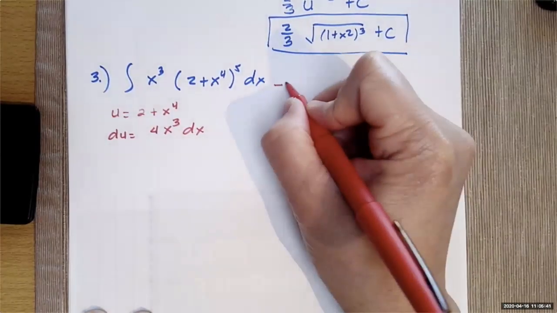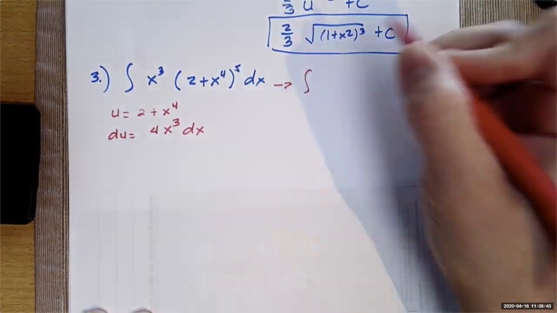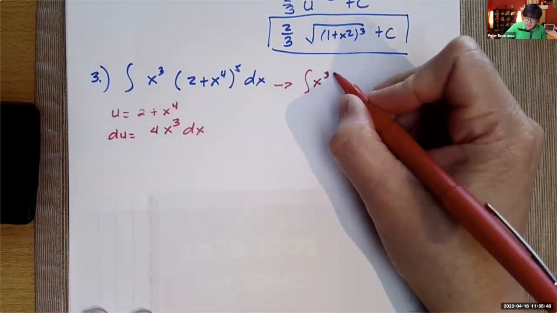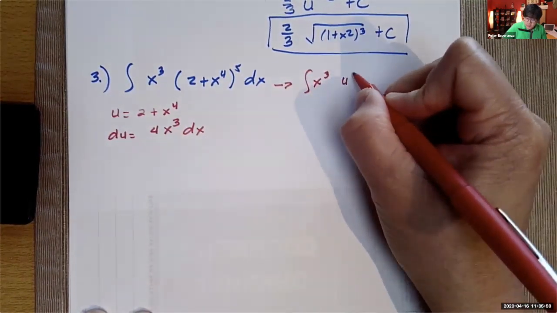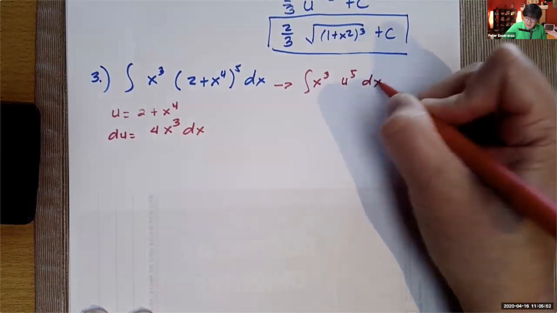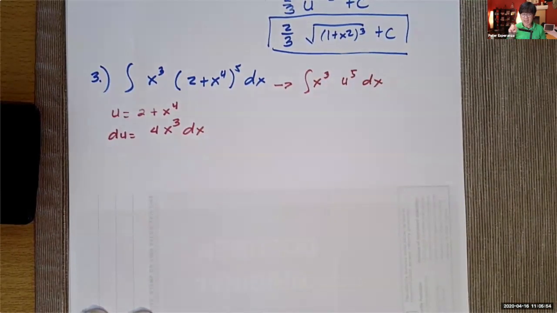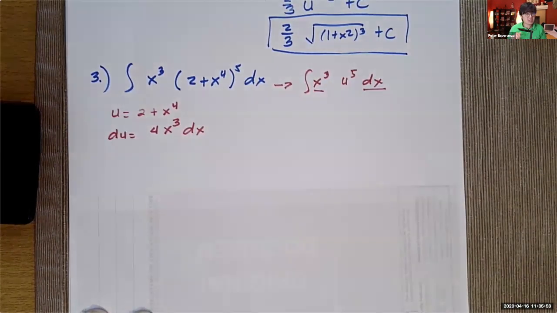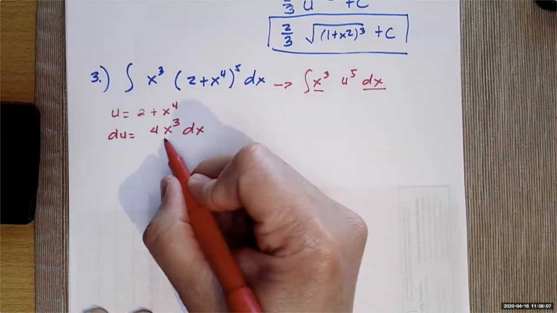I will just modify the u, not everything else. I'll still copy x cubed, I'll still copy u to the 5th and dx, right? Now, what do you notice about this and this? Do we have something similar to our du? Yes, because we have x cubed dx.